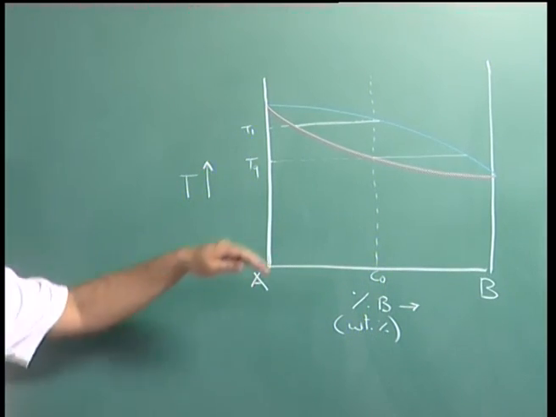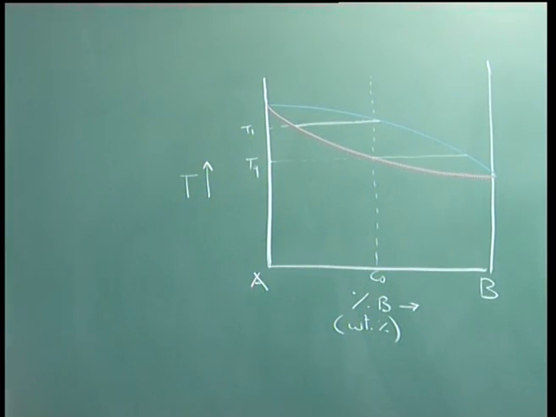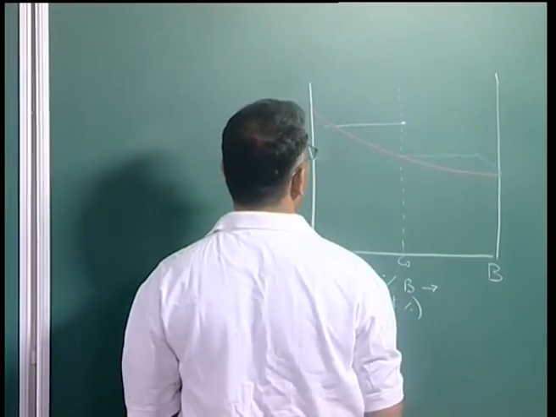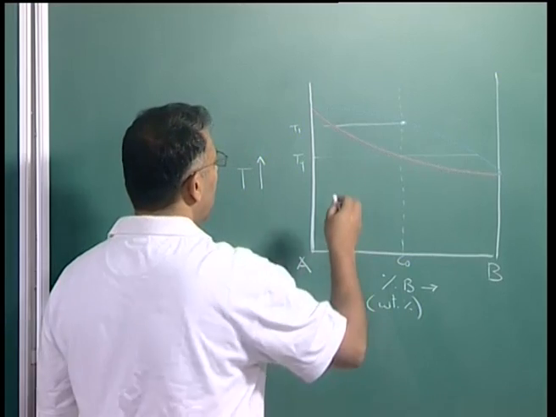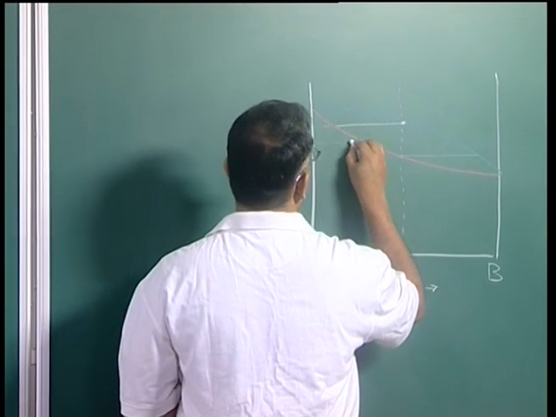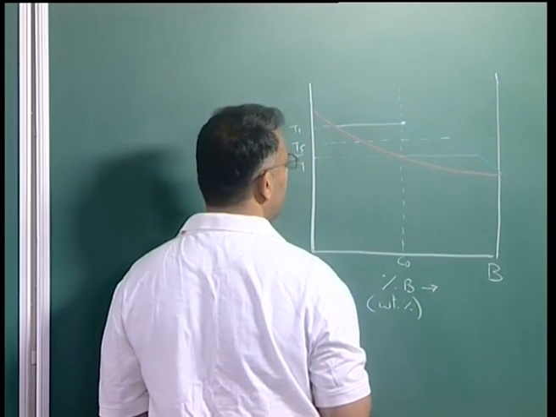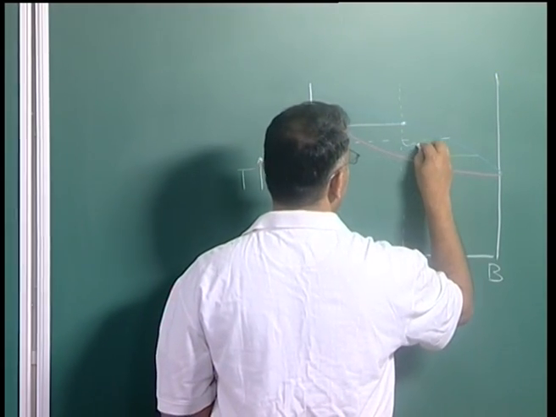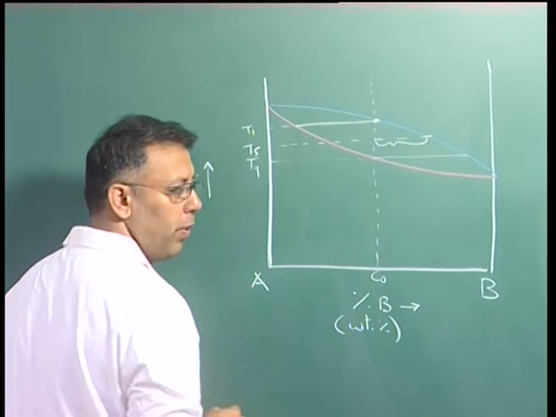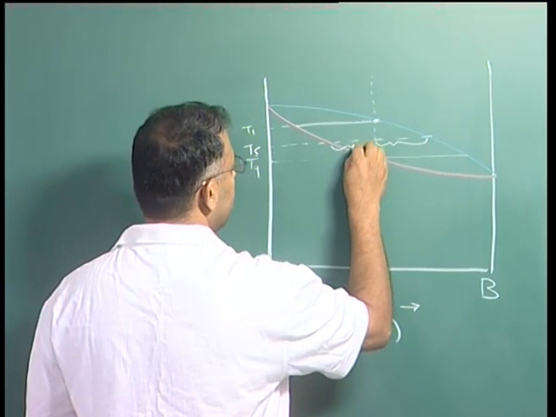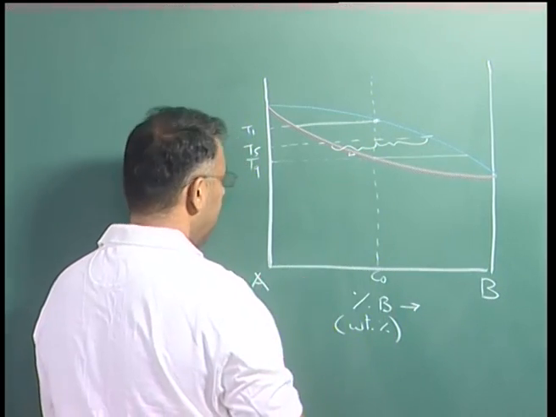So, I can draw a series of temperatures below this, and I would note that the very first solid which comes out, the fraction of it is practically 0, but I go down to say an intermediate temperature, say I call this T5 or one of those intermediate temperatures. This length is proportional to the fraction of my solid, and this length is proportional to the fraction of my liquid.